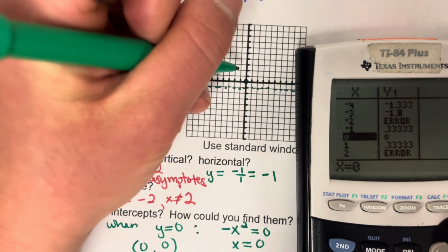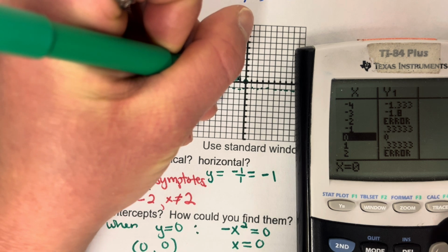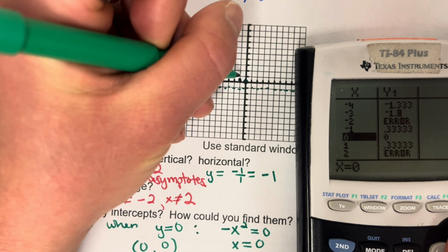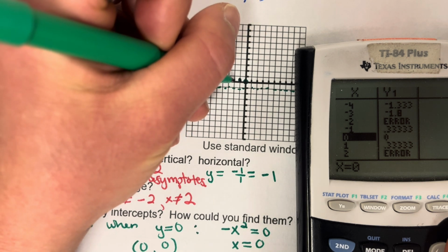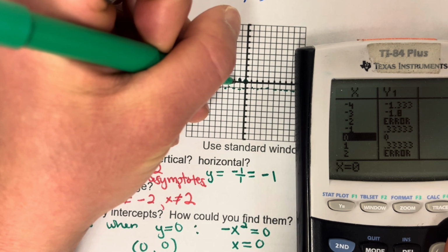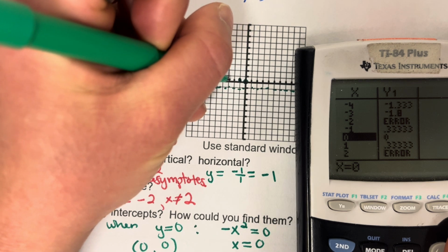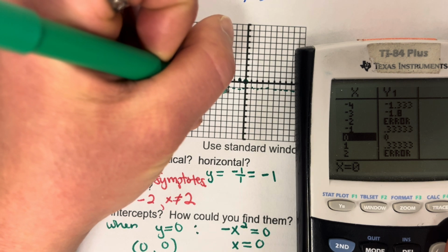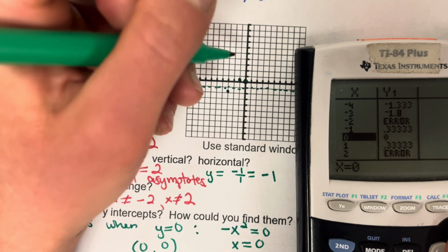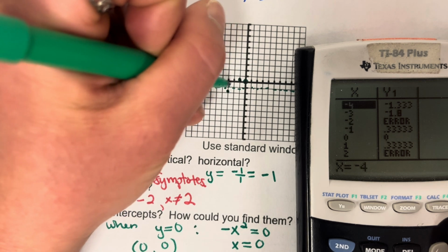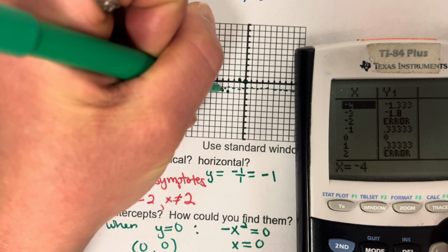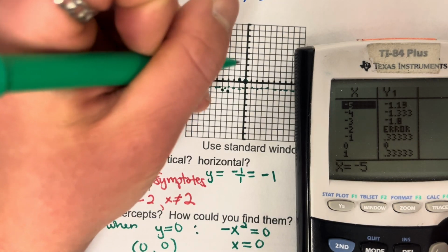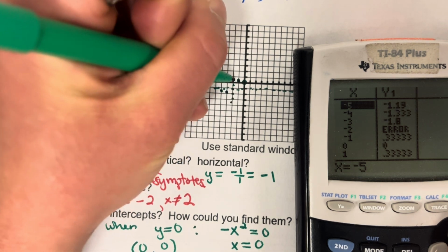We have -1, a third. -2, we have an error. -3 is -1.8. So down here, -4 is -1 1/3. Oh yeah, we do have an error because of our asymptote. That's right.